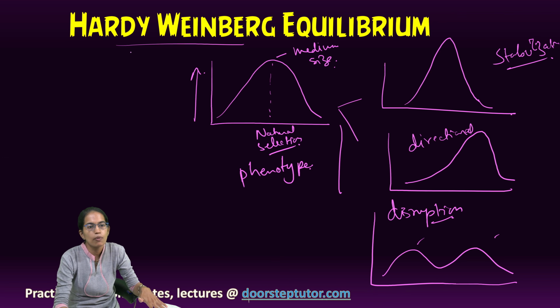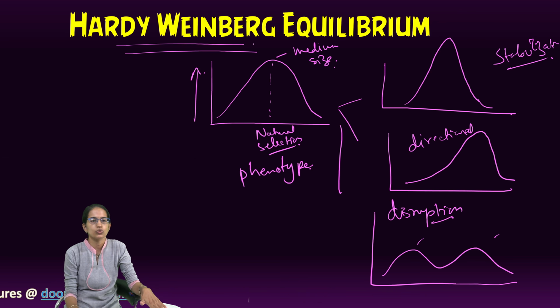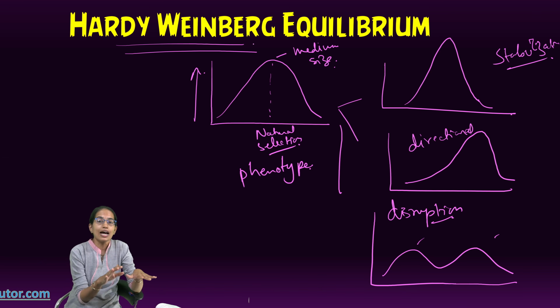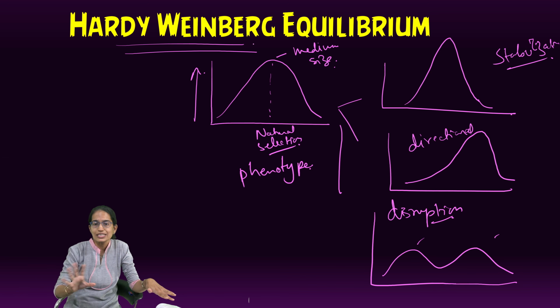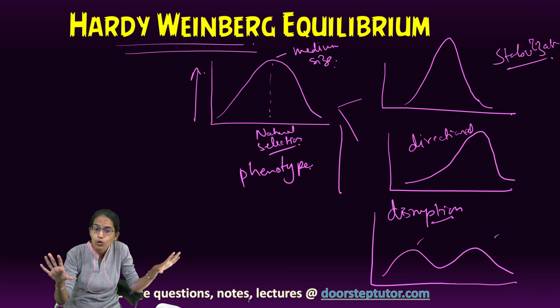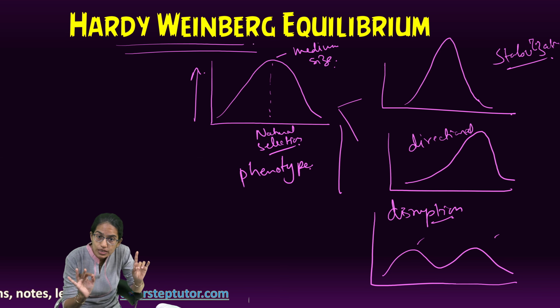But the most important concept, I repeat again and again, the basic thing that students usually miss out here is that in the Hardy-Weinberg principle, we say that when there is a large population, there is no exchange of genes, no addition, no deletion, the allele and the genotype frequency remains constant. But that is only when there are no disturbing factors.